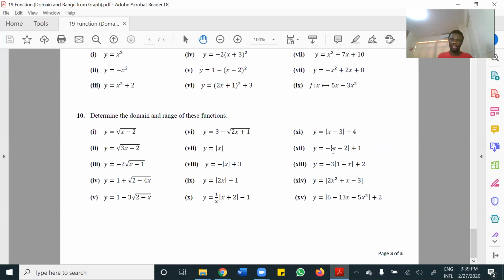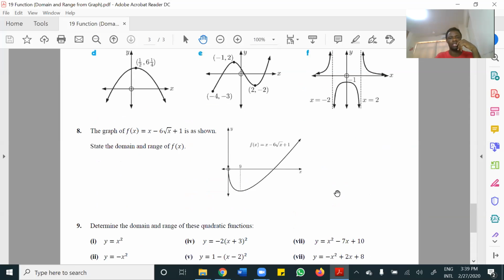After you have attempted the question, feel free to plot it on the Desmos application or even your calculator. I think your calculator also has graphing, so play around with domain and range on your own. That's how to learn.